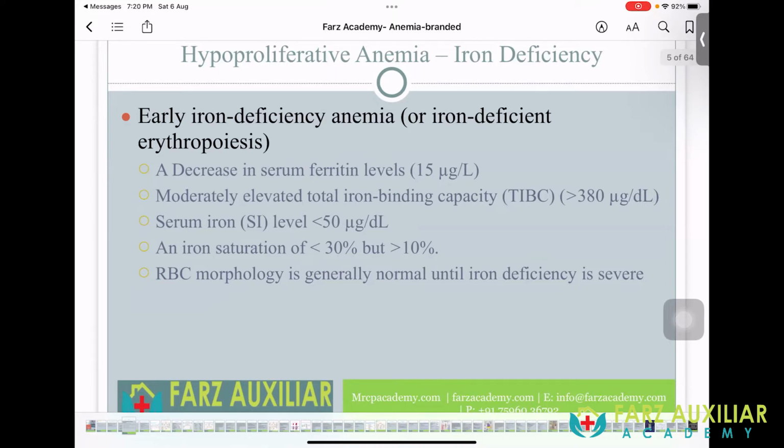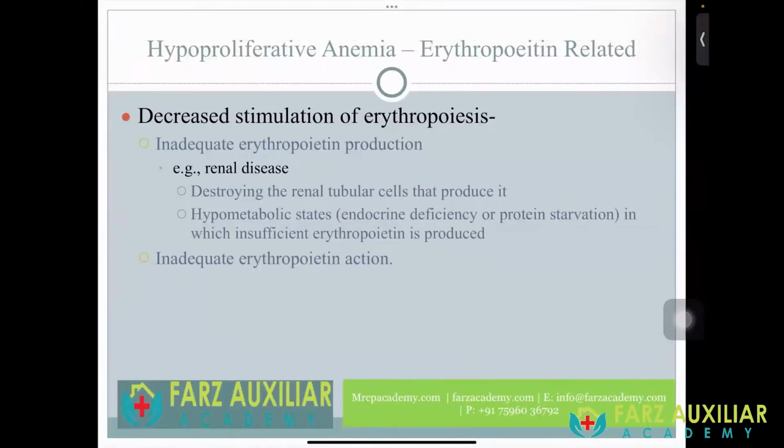All right. And then comes hypoproliferative anemia due to erythropoietin deficiency. Either there is inadequate production of erythropoietin, or there is renal disease, or there is inadequate erythropoietin action. Can anyone tell me where you see inadequate erythropoietin action? Erythropoietin is being manufactured by the kidney.